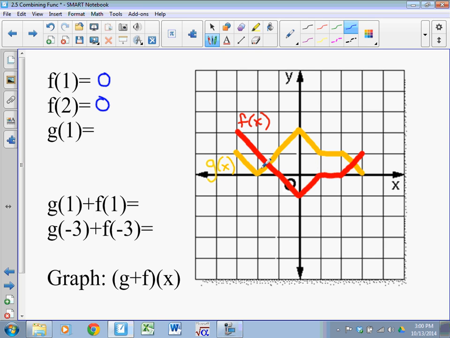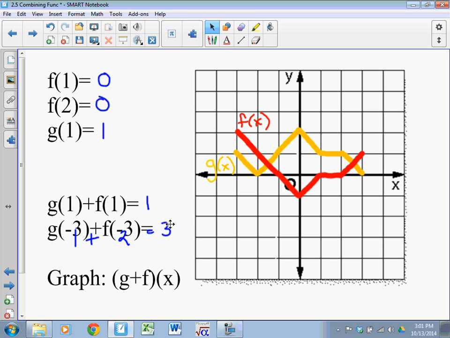G of 1 is the yellow function, and g of 1 is 1. So that's what we've looked at previously. Now, let's say I want to find g of 1 plus f of 1. Well, f of 1 is 0, g of 1 is 1, so that's 1. What about negative 3? G of negative 3 is 1, plus f of negative 3 is 2, so that is 3.